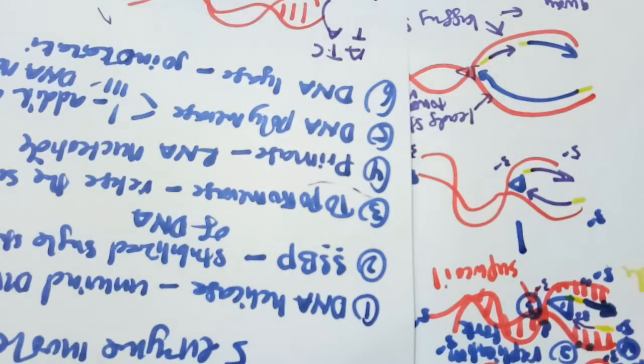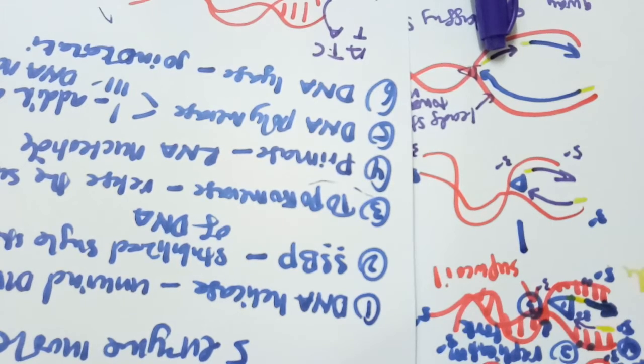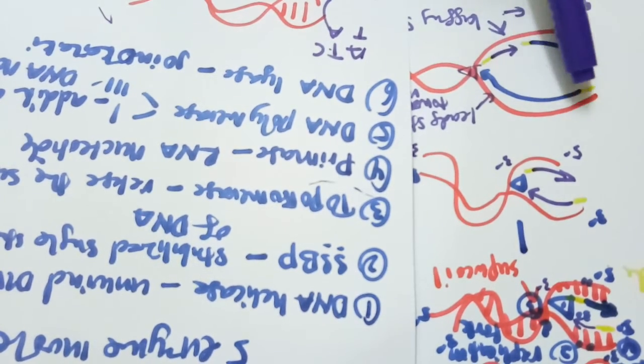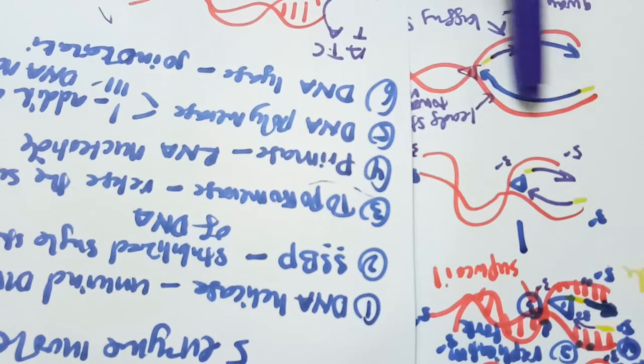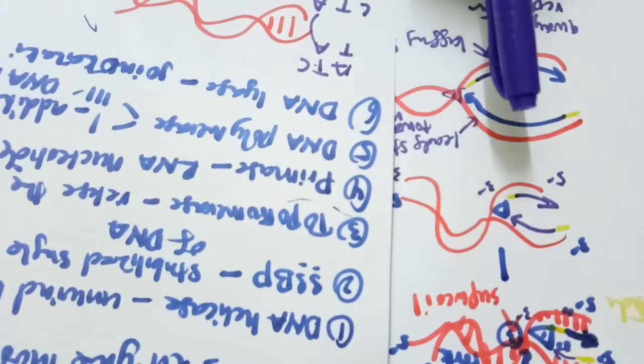Okay, and then we explain about the antiparallel nature of DNA. They will produce two types of strands during synthesis of new strands of DNA. Okay, first is the leading strand and second is the lagging strand. How will the leading strand and lagging strand form?